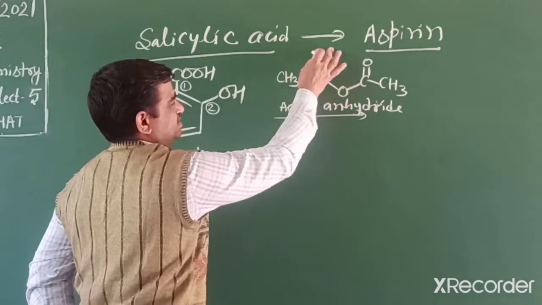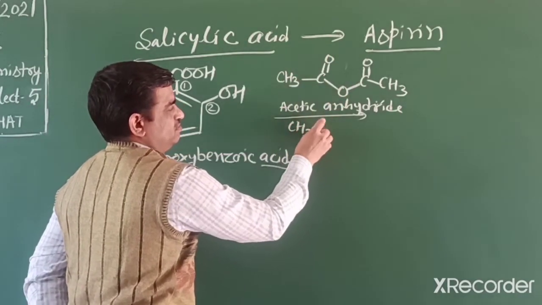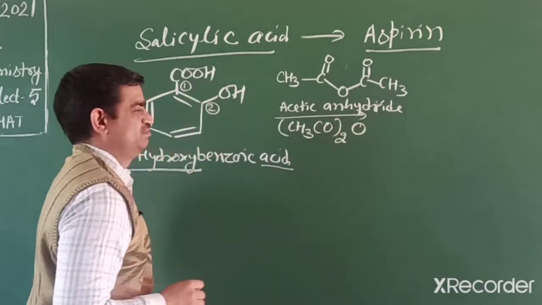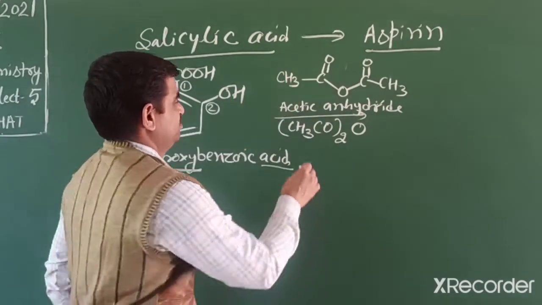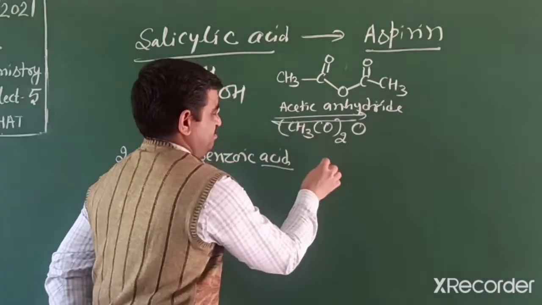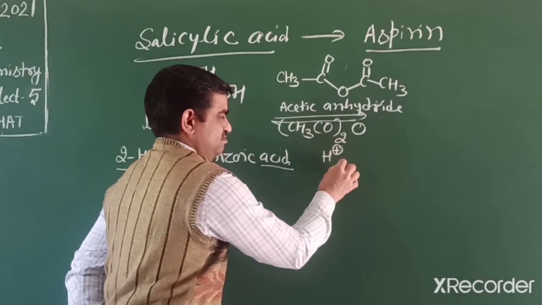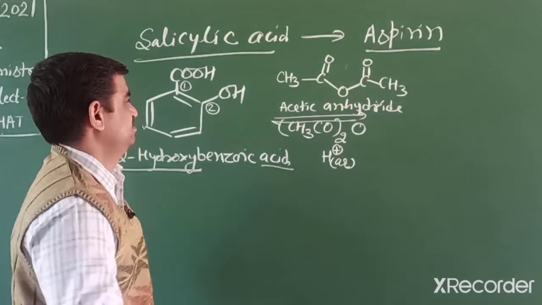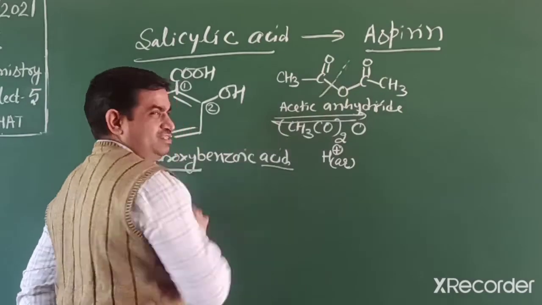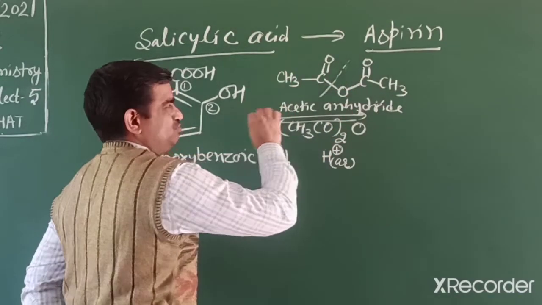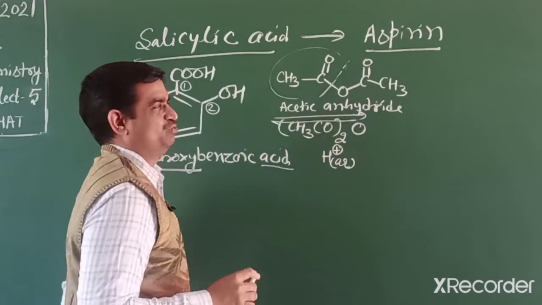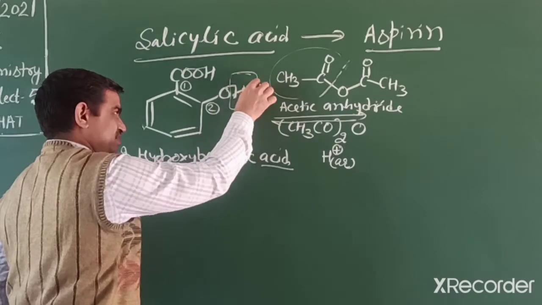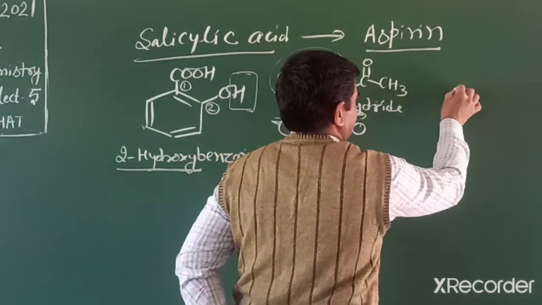We can write acetic anhydride as (CH3CO)2O. In the presence of acid, this reaction we know is reversible, with this type of acid, concentrated sulfuric acid. So the reagent dissociates and introduces the CH3CO group, and the reaction in phenol occurs from this bond.